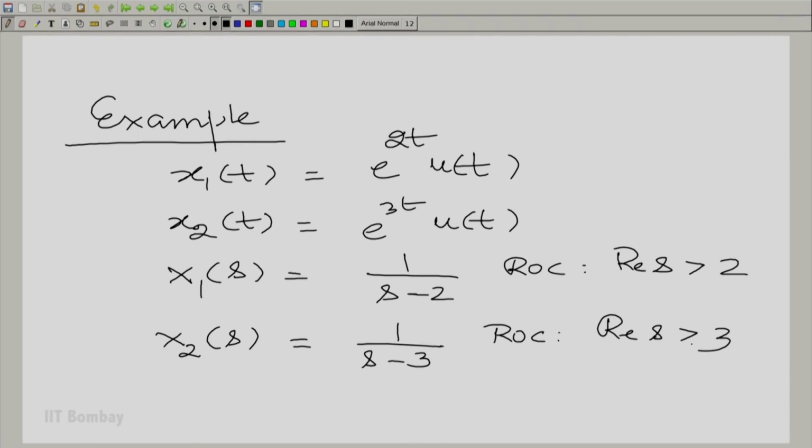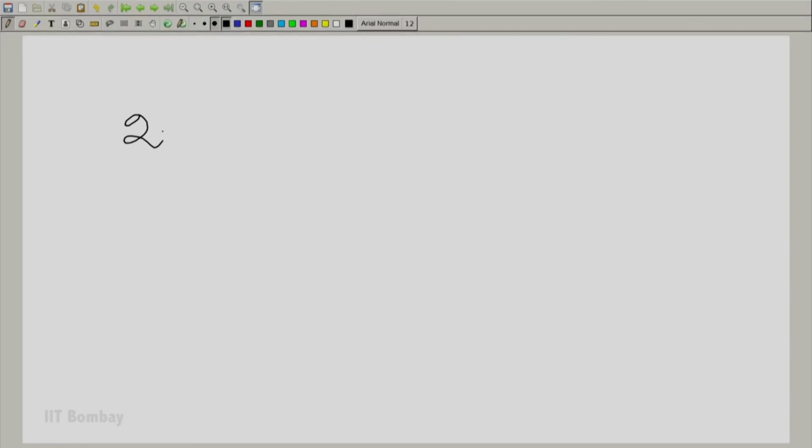Now, let us take any linear combination. So, for example, let us take 2 times x1(t) plus 3 times x2(t). What would be its Laplace transform?